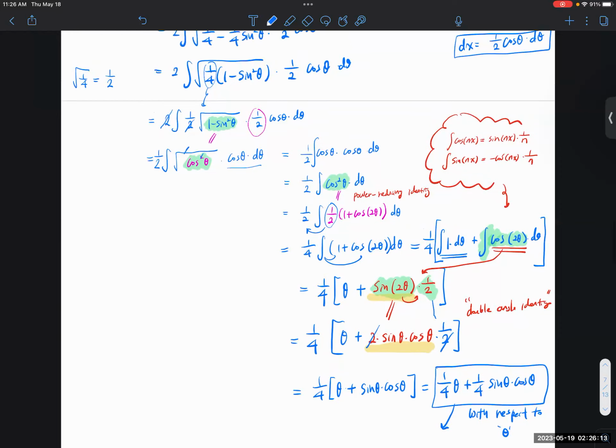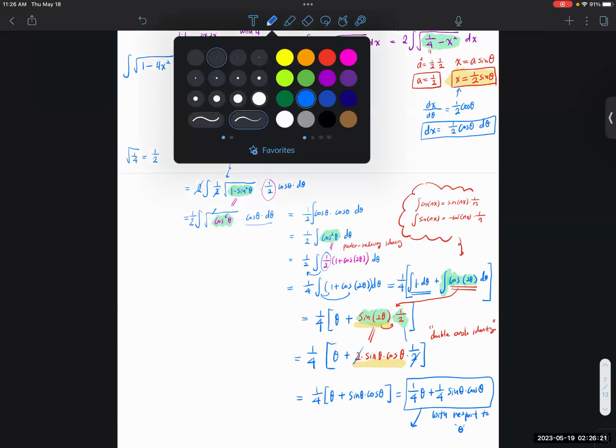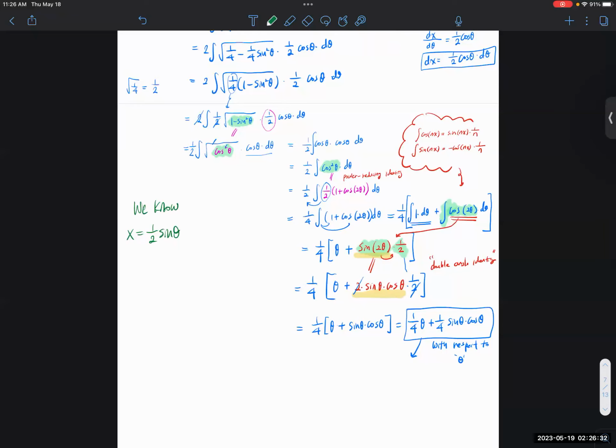So what we're going to do, go up, up, up, up, up. Here, we know that x equals 1 over 2 sine theta. So I'm going to write here, we know x equals 1 over 2 sine theta from the above information. So you can actually solve for what the sine theta was, right?